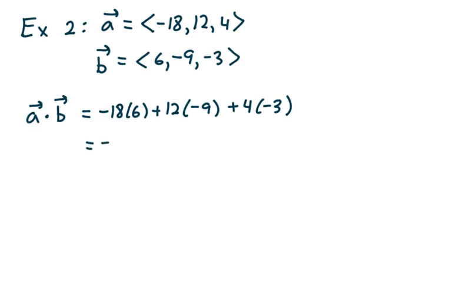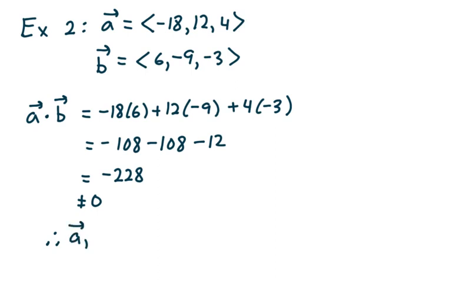And so this is negative 108 minus 108 minus 12. So that looks like it's negative 228, which is not 0. And so I can tell you that vectors A and B are not orthogonal.